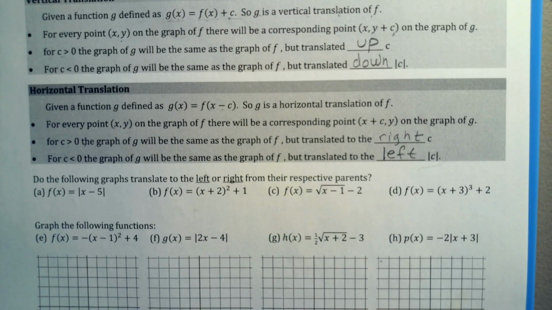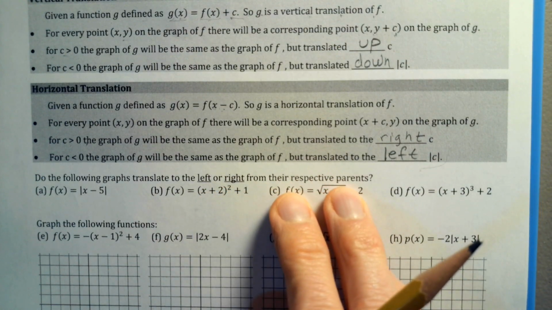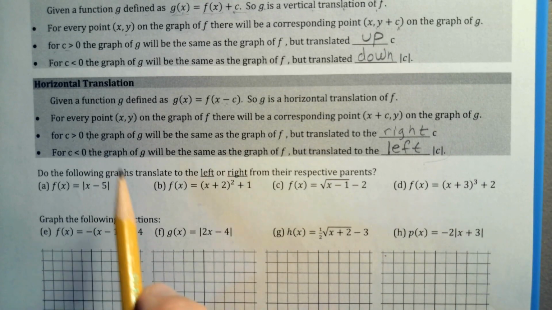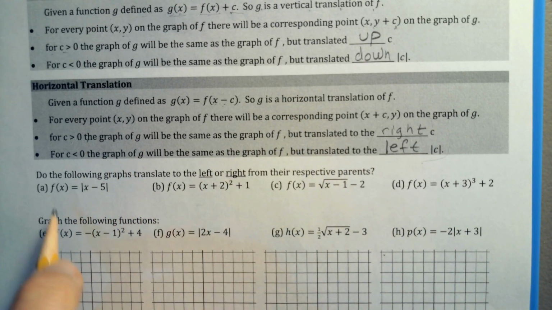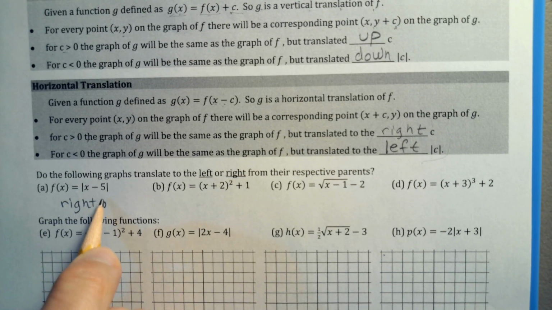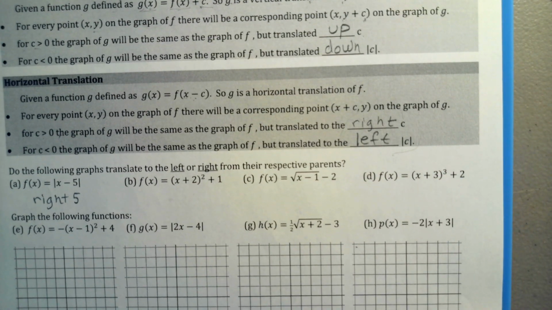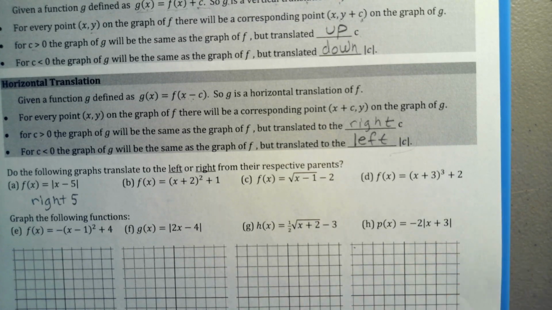Okay. So do the following graphs translate left or right from the perspective of the parent? So if we're looking at the parent function, what would we do with this? This one translates to the right 5. All right, and do the rest of these. Say how much they're going up, how much they're going down, or left or right, up or down.